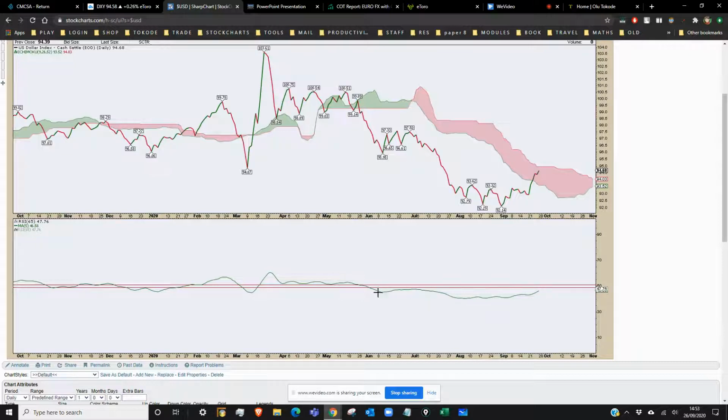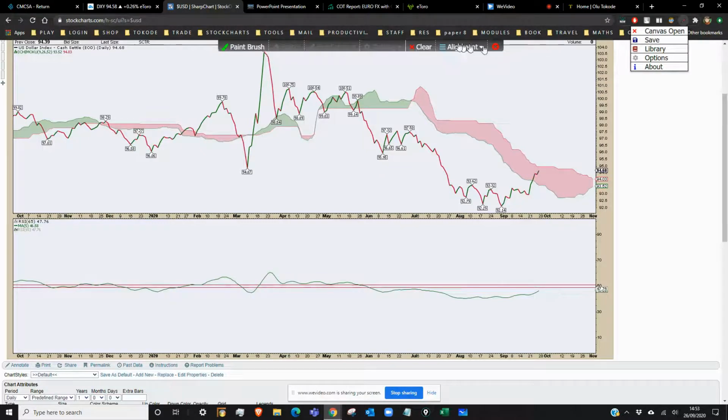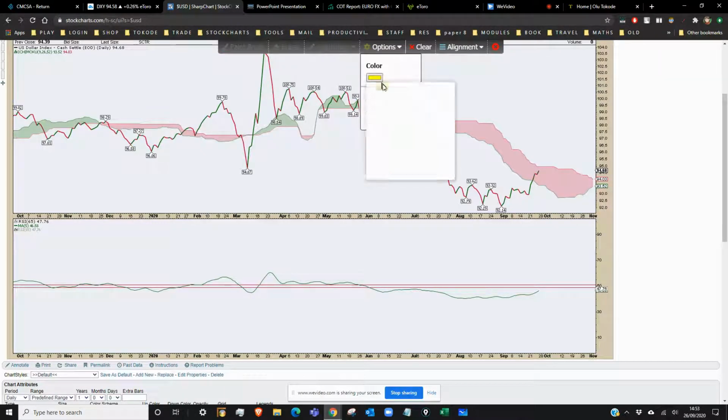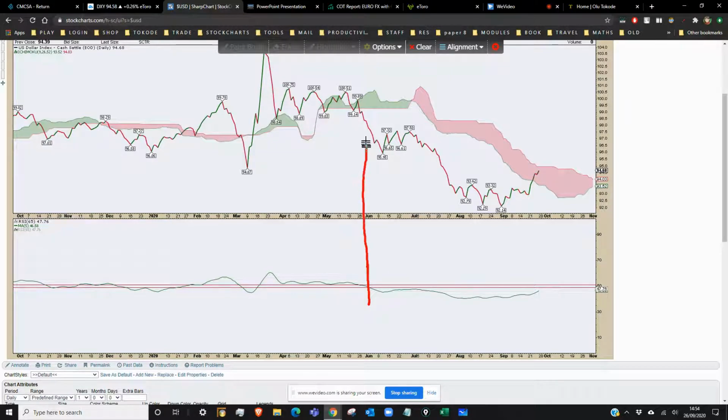So right now, price is beneath the double line, and that's obvious from here. You can see that this is the day, somewhere around June, that the 5-day moving average crossed below the double line, and you can see that corresponds to somewhere around there in the Ichimoku cloud.